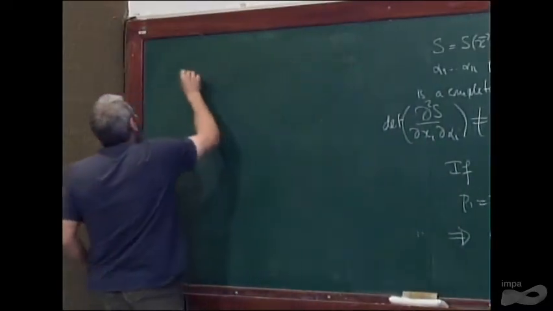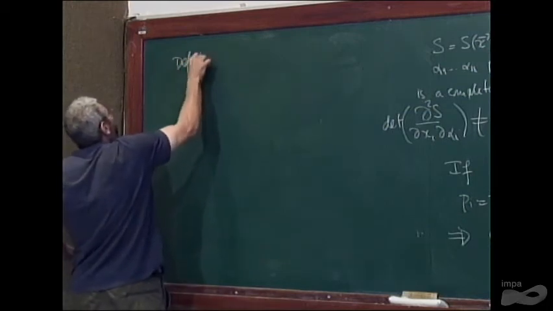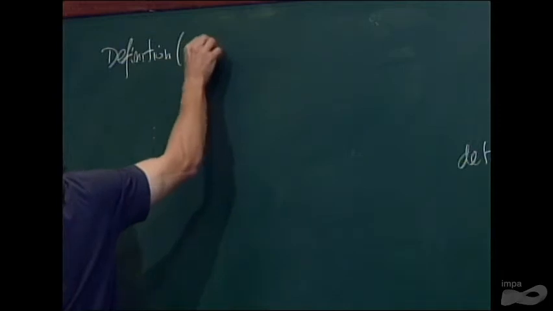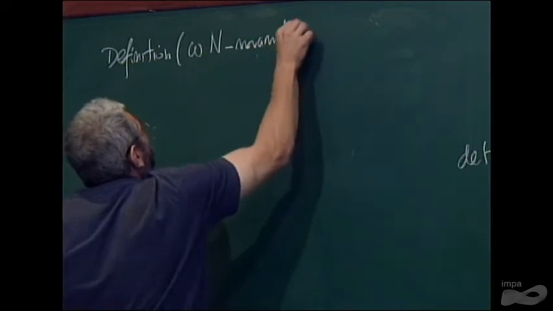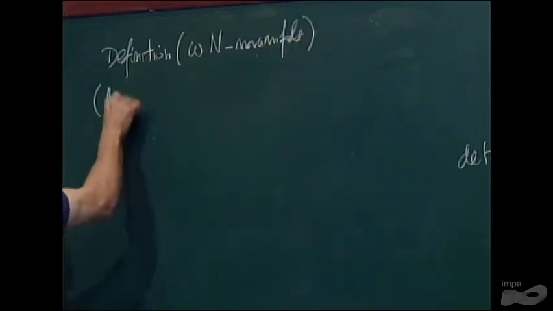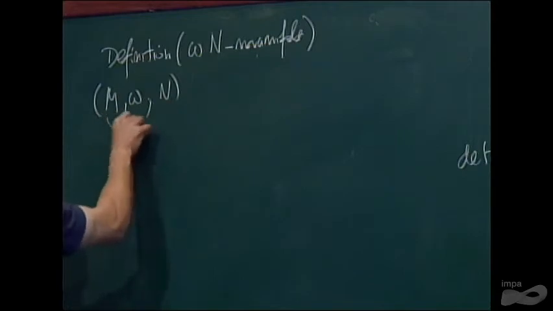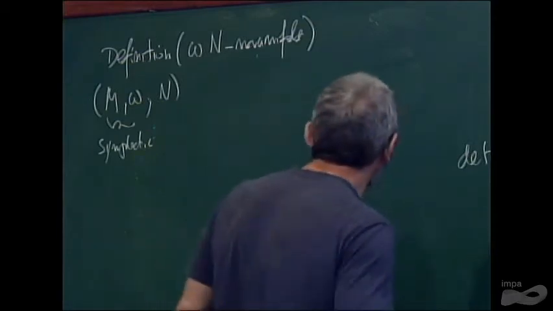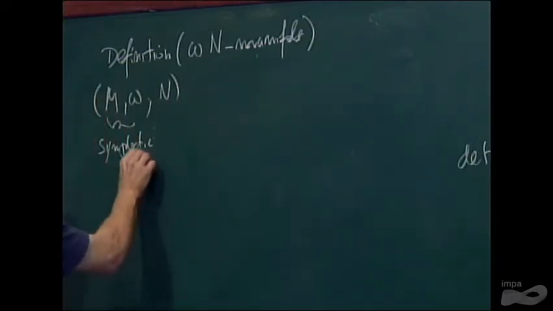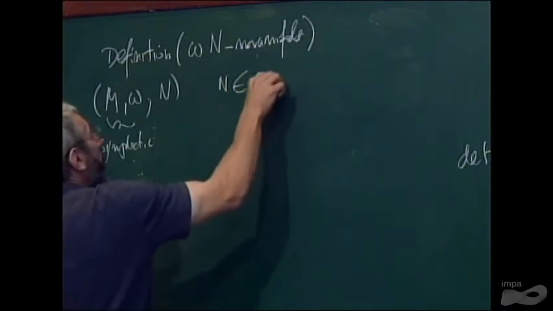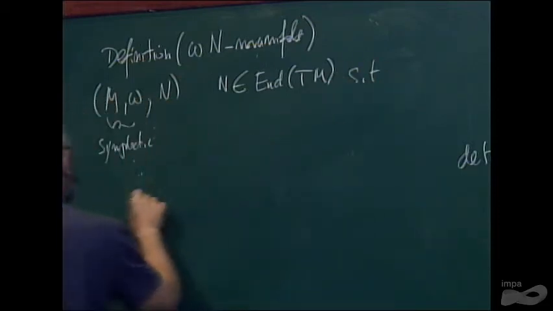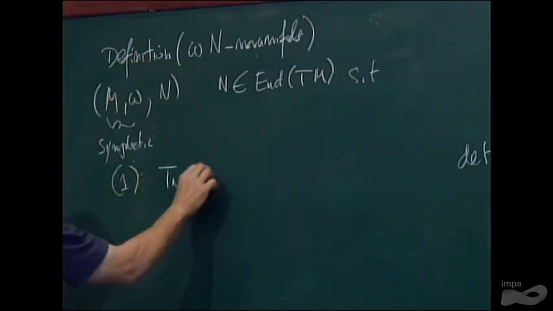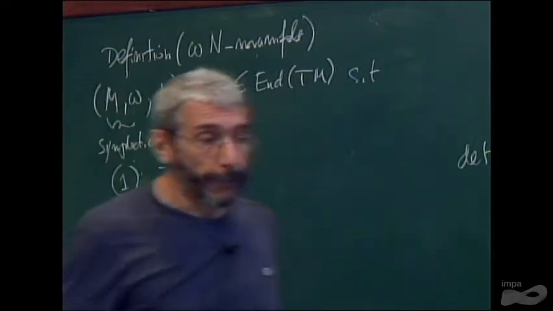So the definition of what is called an omega-N manifold: this is a symplectic manifold omega, and N is an endomorphism of the tangent bundle such that, first, the torsion of N is identically equal to 0.